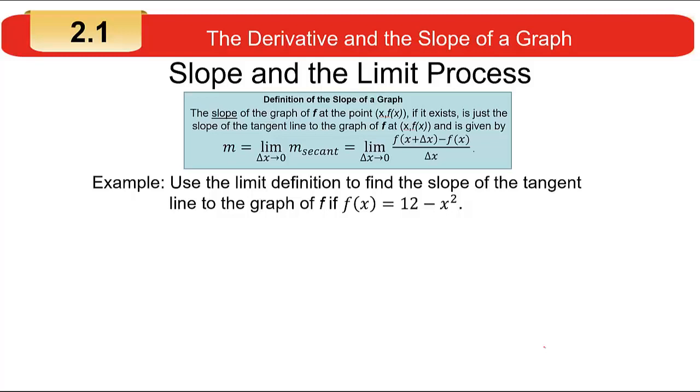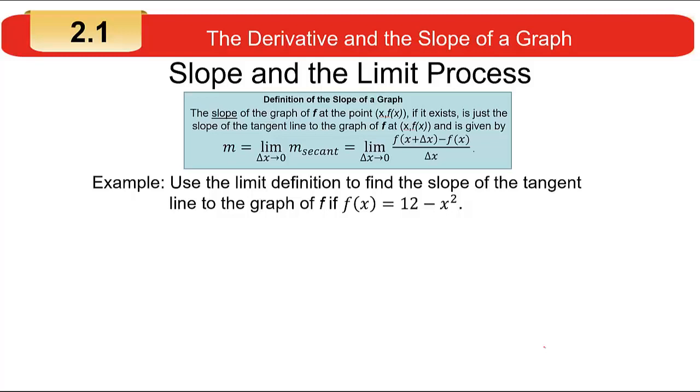This is a very simple function, and as you'll see, the algebra is still not bad, but it's quite a lot of algebra. But luckily, we have an array of formulas that will allow us to find derivatives without having to ever use this. But I want to go through at least one example, just showing you what you would have to do if you didn't have the shortcut formulas that we're going to get later.